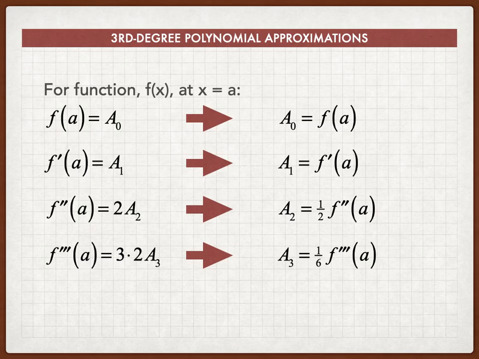It has the same value and first three derivatives at location a. Notice the 1/6 factor. Where did it come from? We differentiated a cube, and then a square, and then a linear to get a constant. That's 3 times 2 times 1, 3 factorial. Solving for a sub 3, we had to divide by 3 factorial.